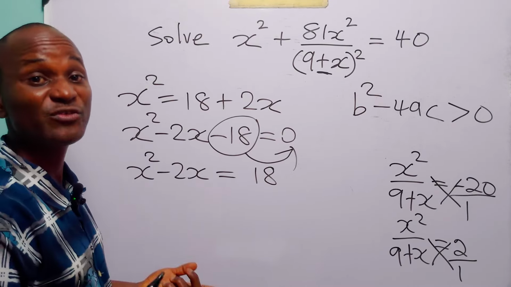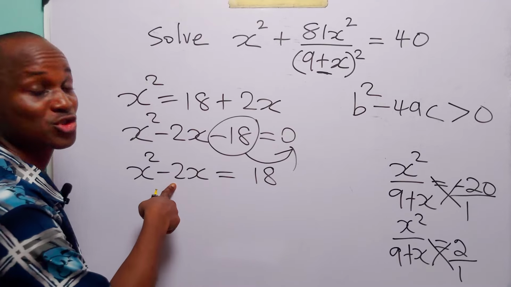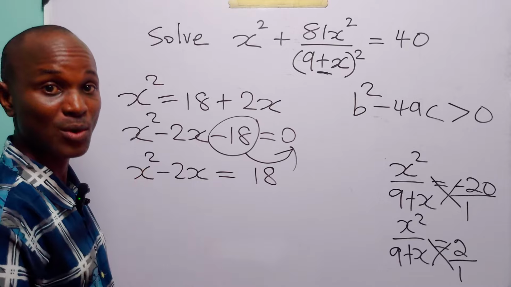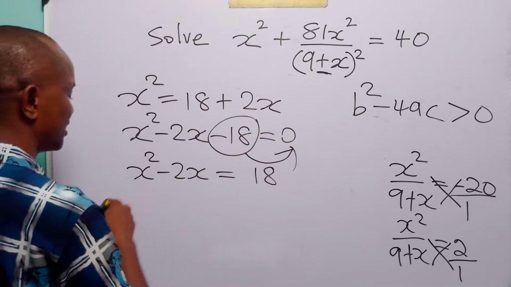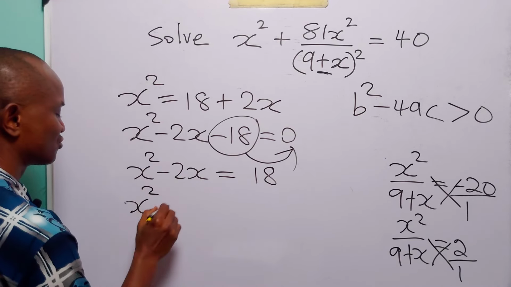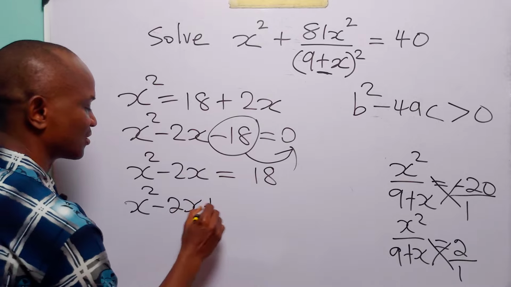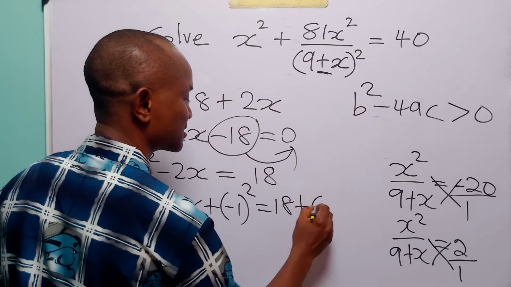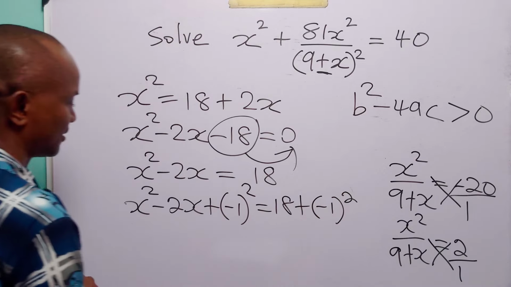Now, what is the coefficient of x? It is minus 2. What is half of minus 2? Minus 1. The square of that is minus 1 squared. So we add that to both sides of this equation. Plus minus 1 squared is equal to 18 plus minus 1 squared.